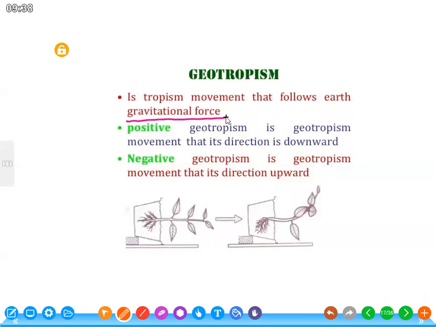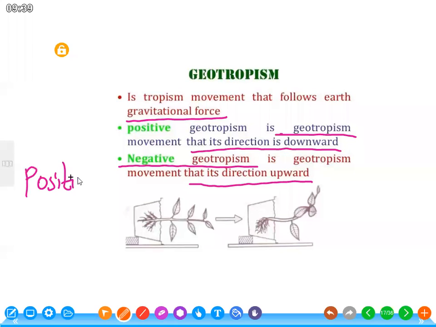Positive geotropism is geotropism movement whose direction is downward. Negative geotropism is geotropism movement whose direction is upward.